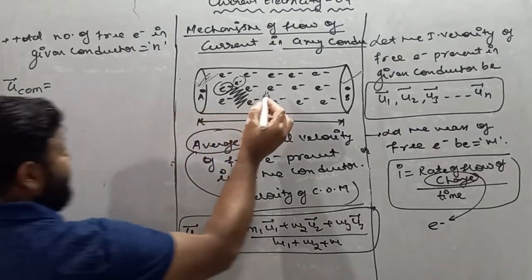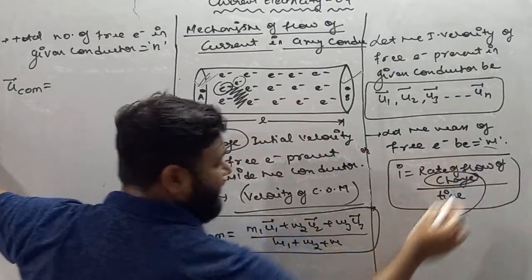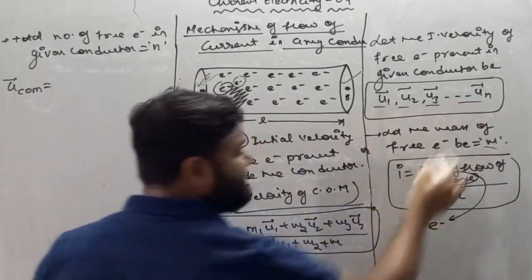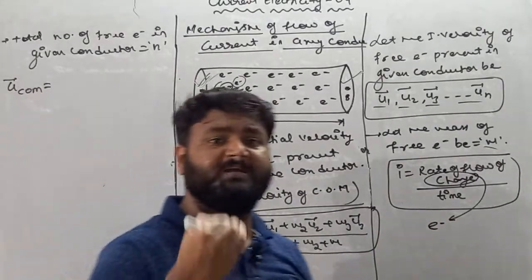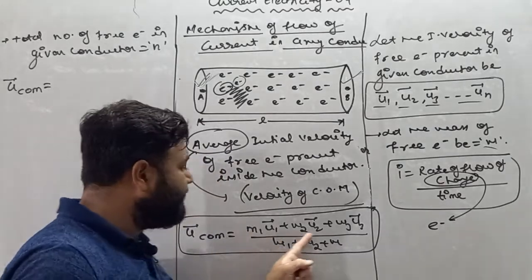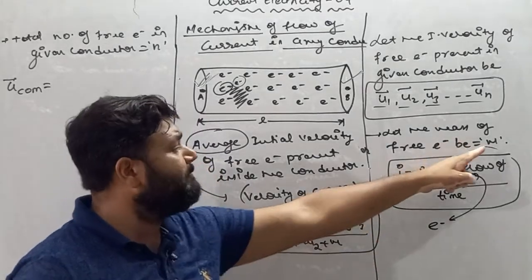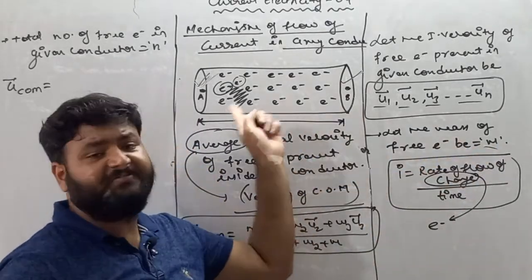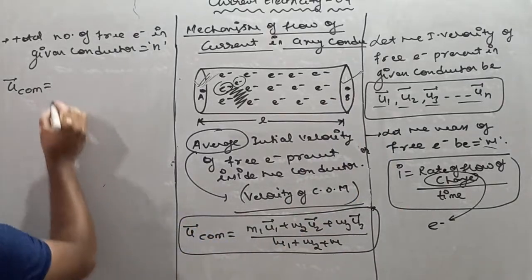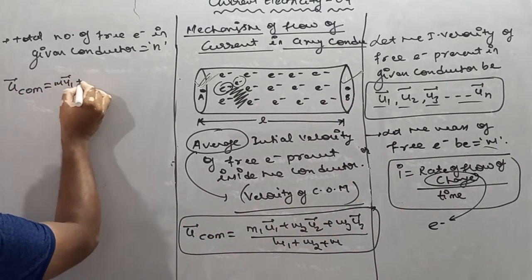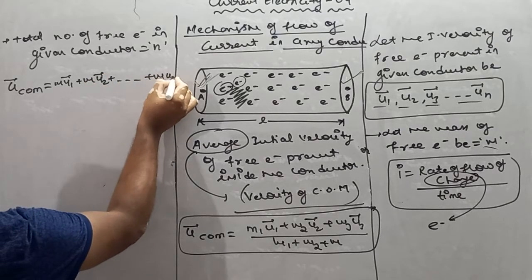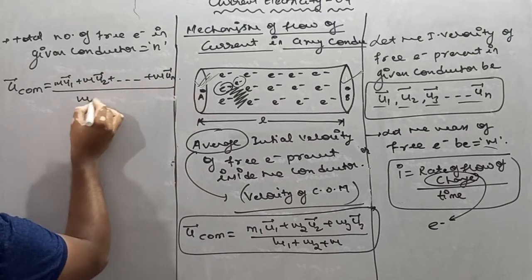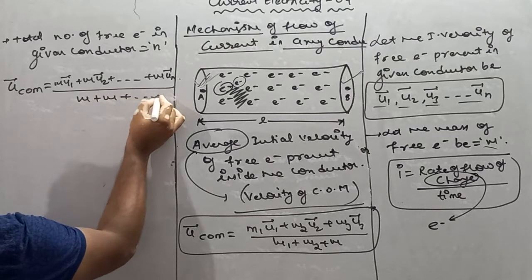See, every electron carries the same mass, but their initial velocities are different. So I'll write mu1 plus mu2 plus mu3. Instead of m1, m2, m3, we'll write the same m, because every free electron carries the same mass. So I'll write mu1 plus mu2 plus up to, my dear student, mun, divided by m plus up to n times.